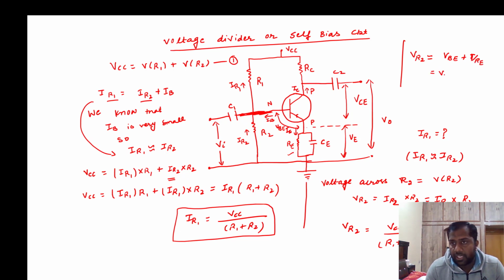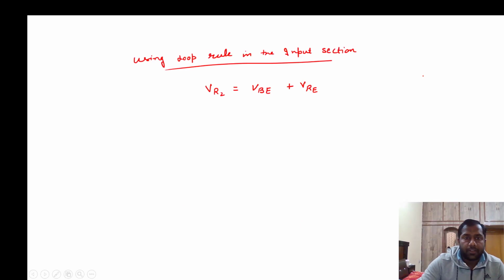And if I write it in detail, what is the voltage across RE? This is IE into RE. So this is what? This is VR2. So rewriting this equation, VR2 is simply equal to VBE plus IE into RE.